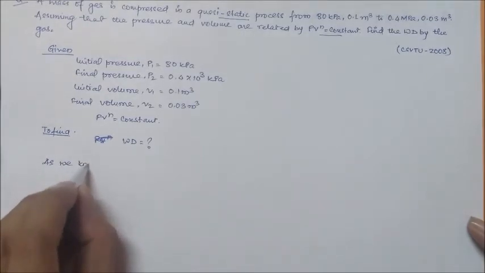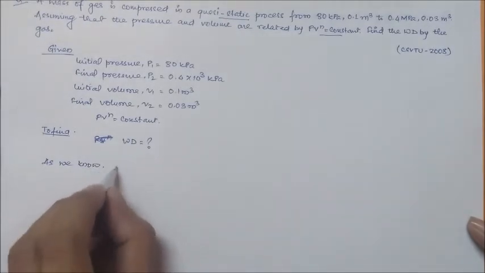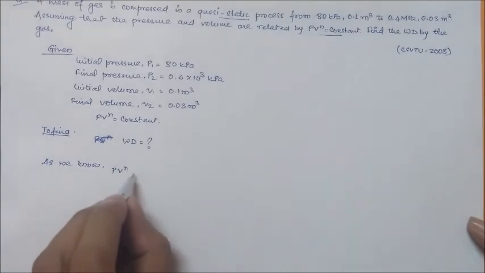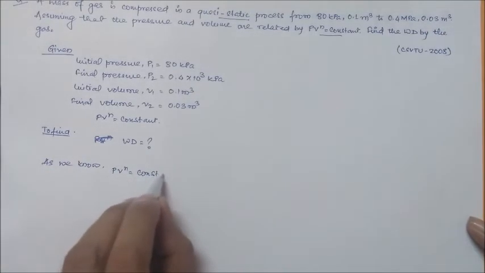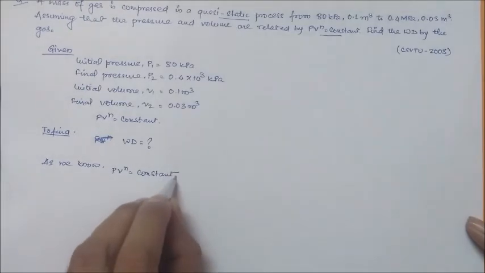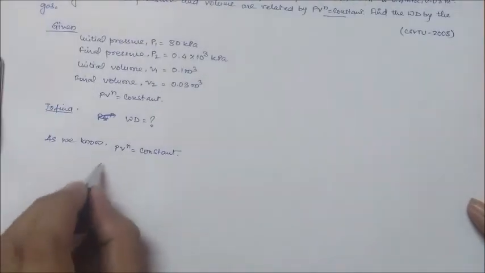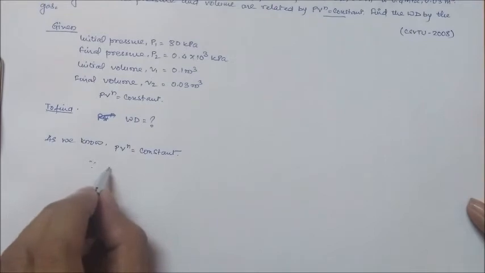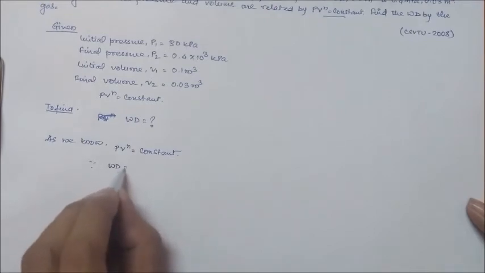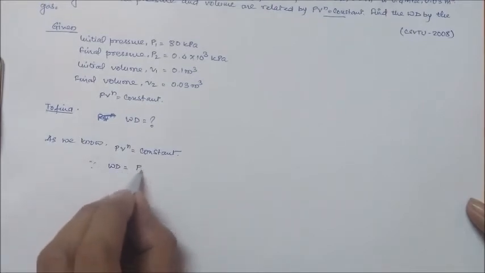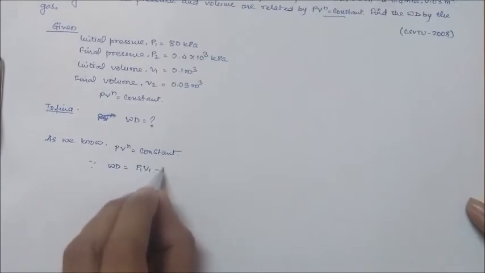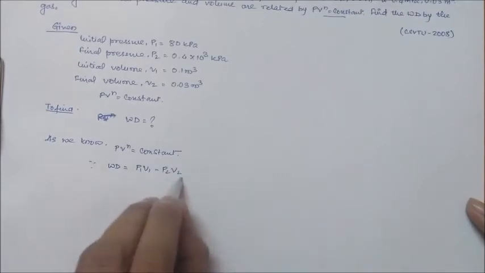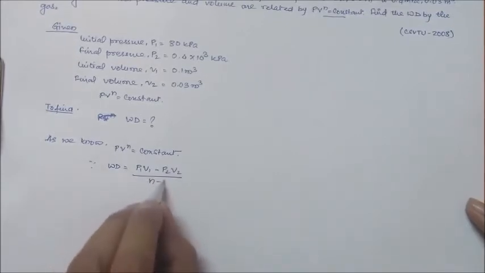As we know, the law is governed by PV to the power n is constant, then work done is written as P1 V1 minus P2 V2 by n minus 1.